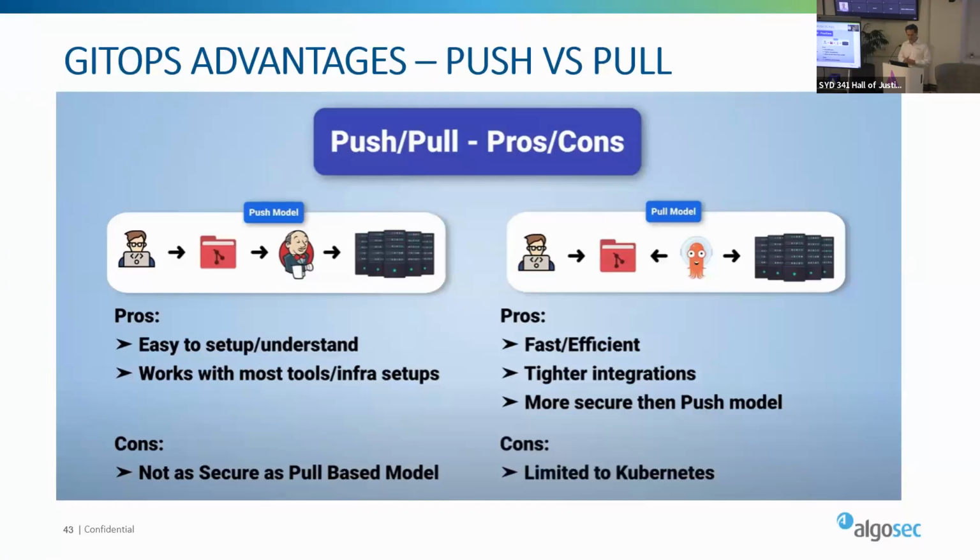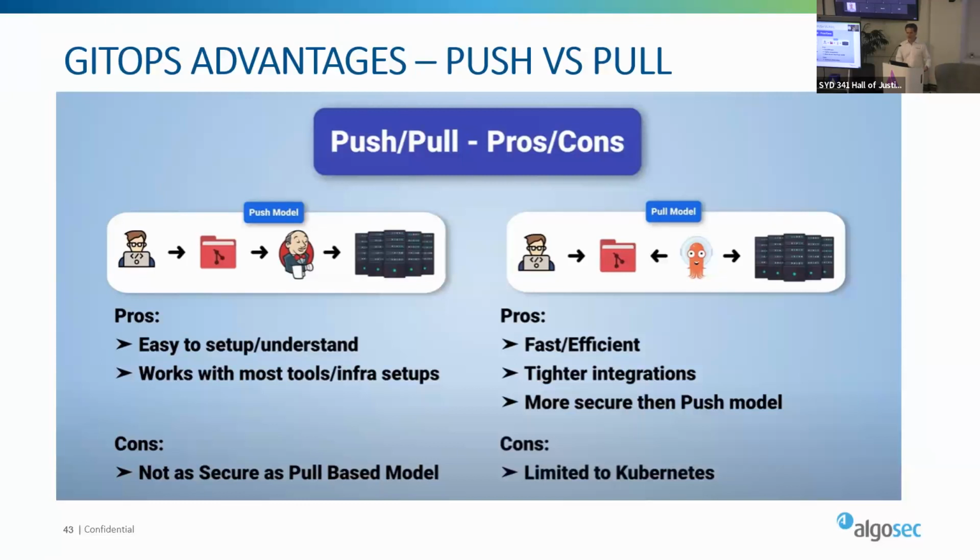So that's what I mentioned about GitOps advantages for push and pull. The push model's pros are that it is easy to set up and understand, and it works in most infrastructure. But the cons are that it's not as secure as the pull-based model, for the reason I mentioned before, because you're allowing lots of manual changes to happen.